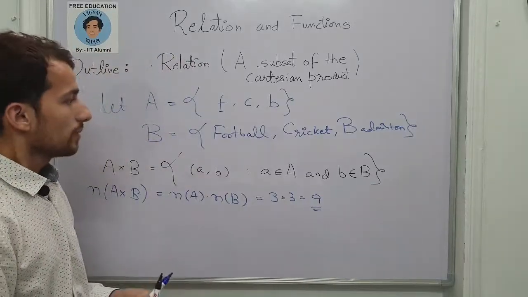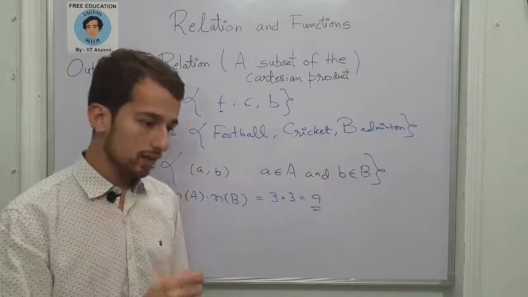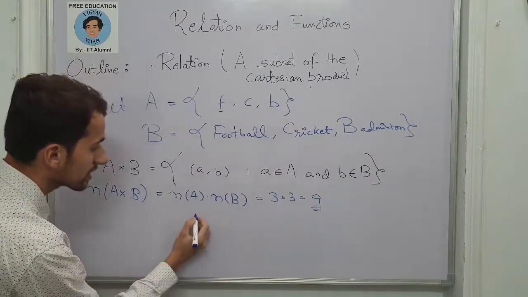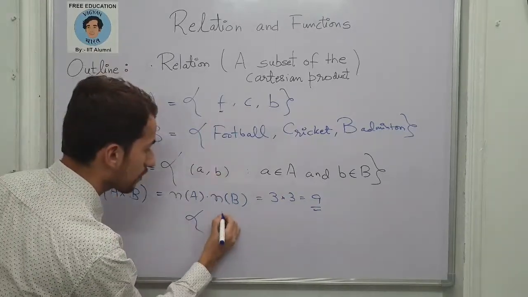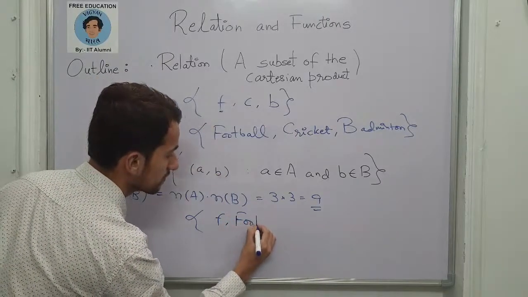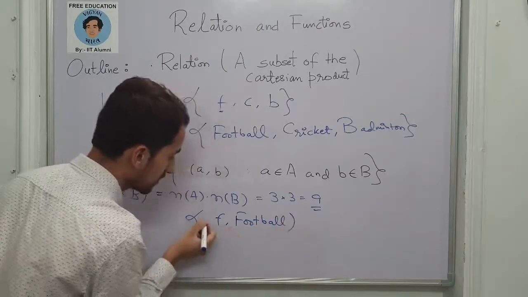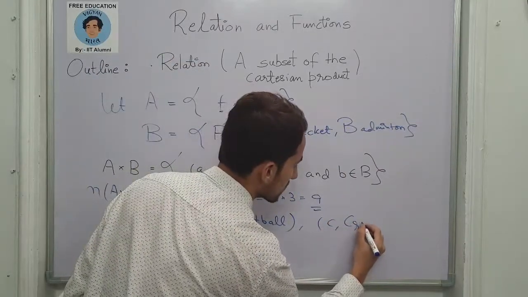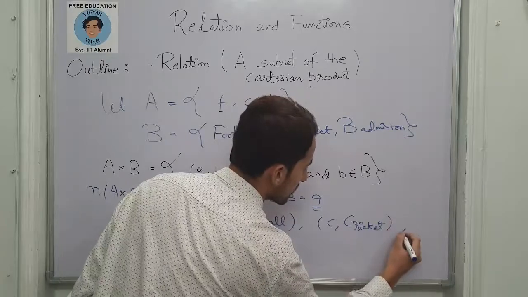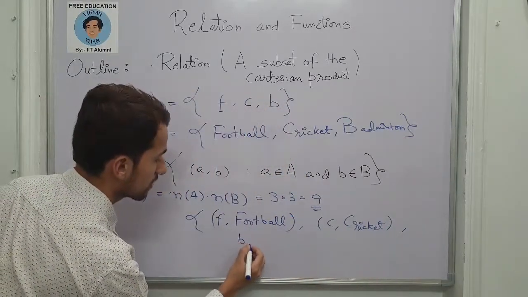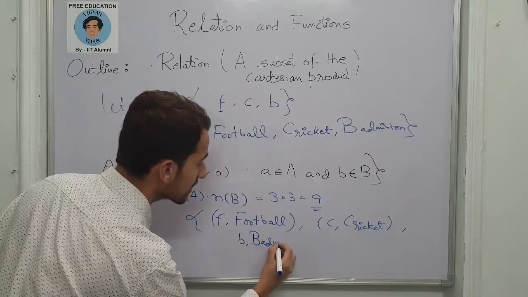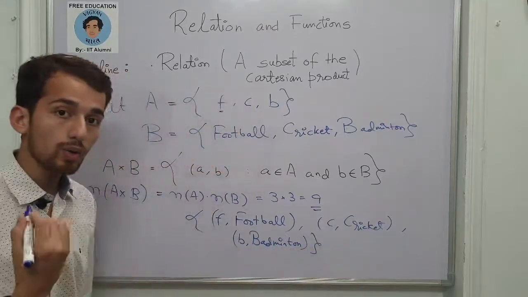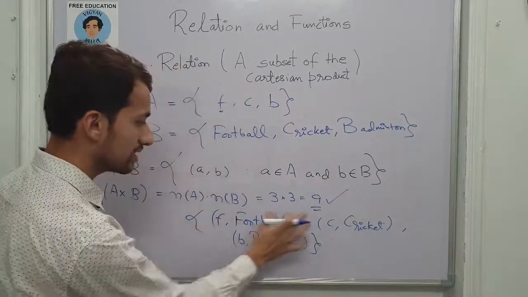So now if I collect only these 3 ordered pairs: f comma football, this is the first ordered pair which I want to collect, c comma cricket and b comma badminton. So I am interested in collecting only these 3 ordered pairs out of these 9. I'm just choosing these 3.